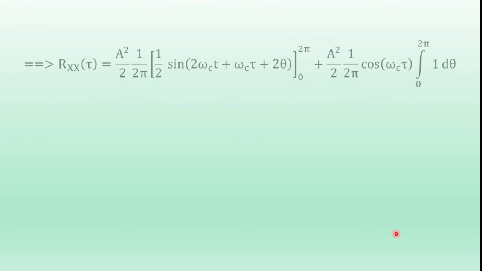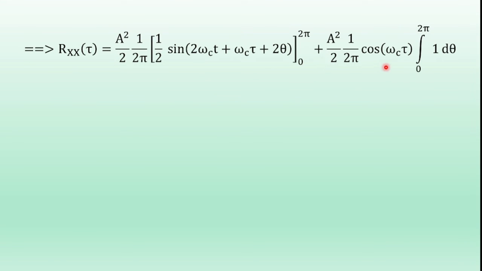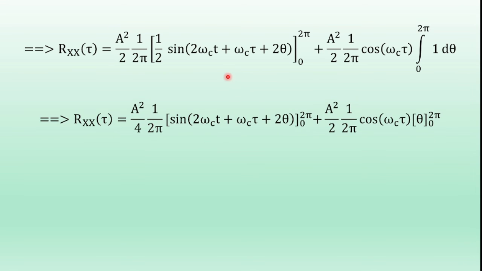So the second term is A square by 4 pi cos of omega c tau into the integral of 1 d theta. Now in the first term substitute the upper value and lower value of theta, giving A square by 8 pi. And first integrating the second term, the integral of 1 d theta is theta over 0 to 2 pi.